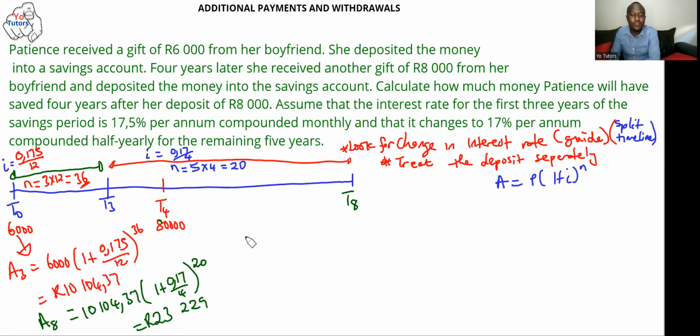Now we move on to the next one, which is for 8,000. So we are done with A8, the accumulated amount after 8 years for 6,000. Let's deal now with the 8,000. Let's look at the accumulation of 8,000, its accumulation after 8 years.